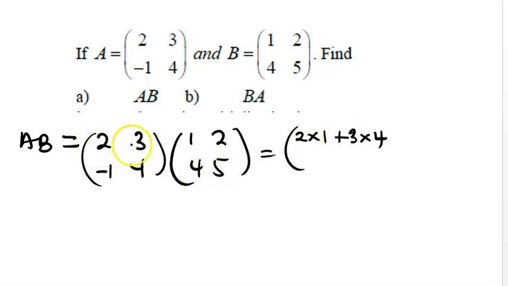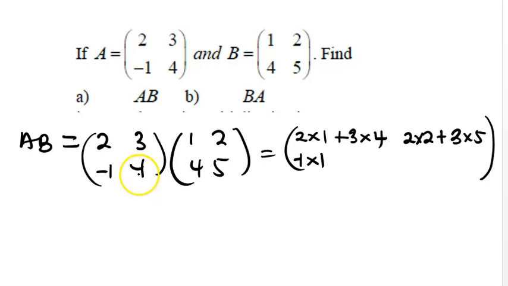Then first row, second column: 2 times 2 plus 3 times 5. Then second row, first column: minus 1 times 1 plus 4 times 4. Then second row, second column: minus 1 times 2 plus 4 times 5.